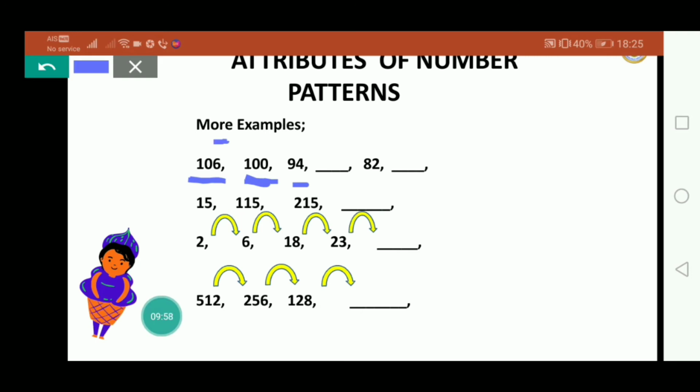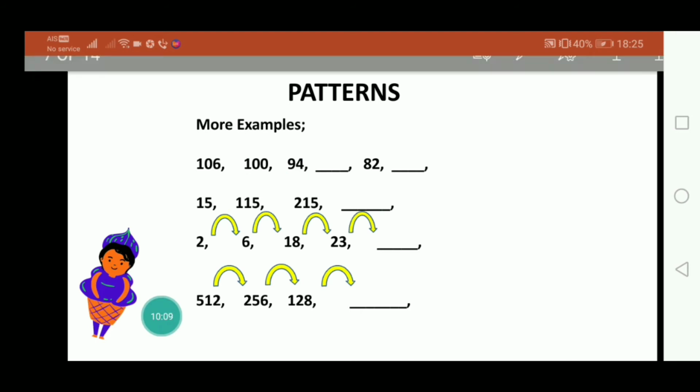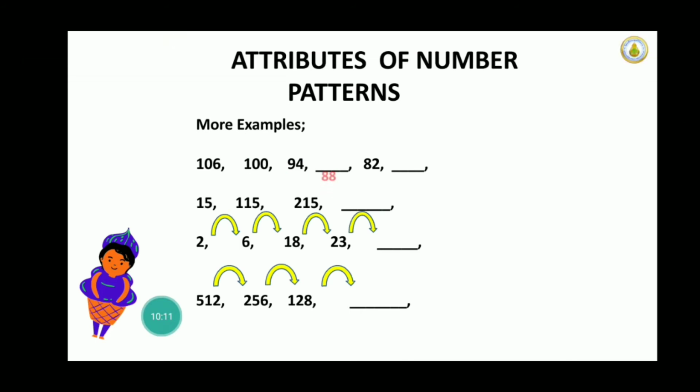So they minus or subtract 6. So 100 minus 6 is equal to 94. And 94 minus 6 is equal to 88. Very good. And 88 minus 6 is equal to 82. And 82 minus 6 is 76. So what will be our rule here? Our rule is subtract 6.